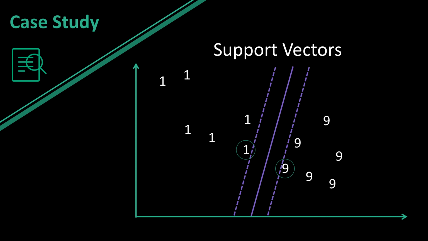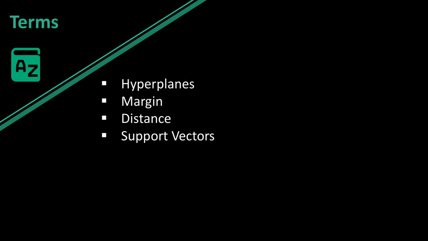That's how I personally remember it, because a support vector is the very first element that the margin hits. I think of it as a lane, and so I think of the support vector as supporting that lane.